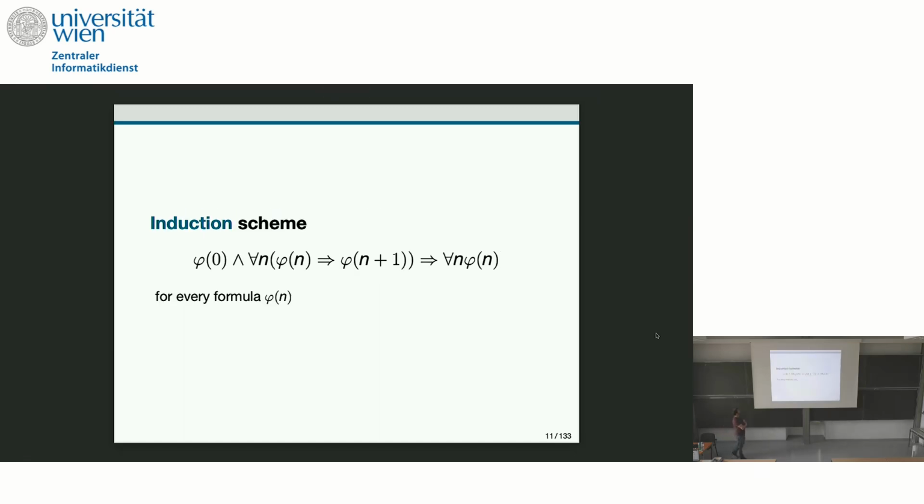And then we have the induction scheme. At first sight, it's a bit strange to want to restrict the induction scheme, because it seems to talk only about the integers, and integers being finitary objects. The finitary objects are computable, so why restrict the induction scheme?